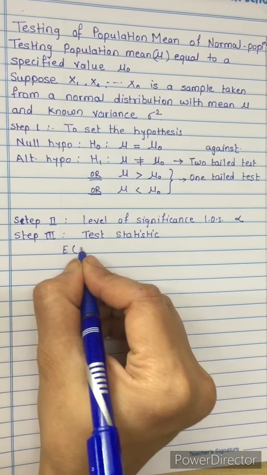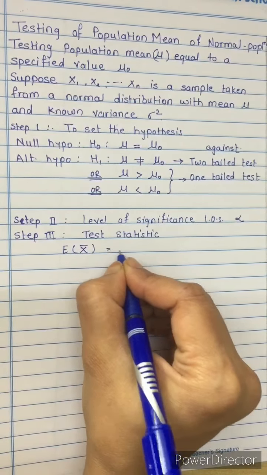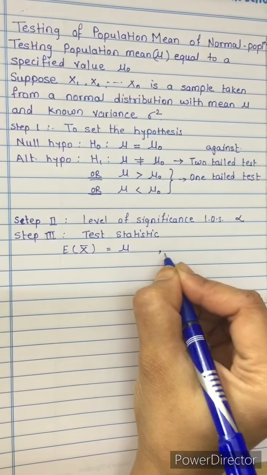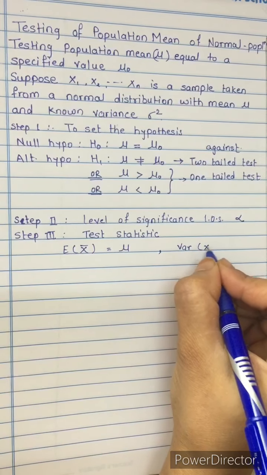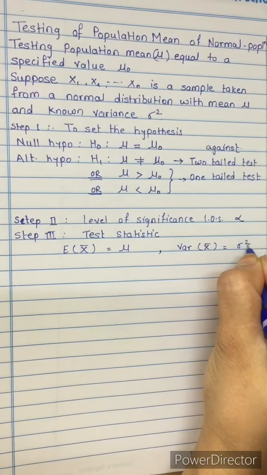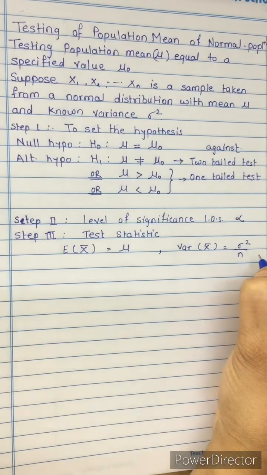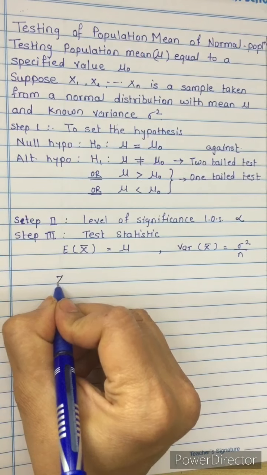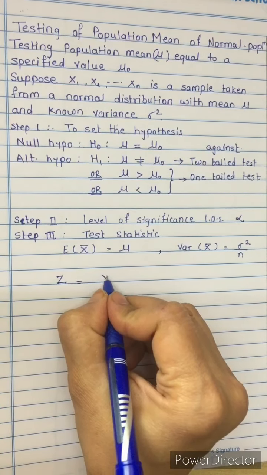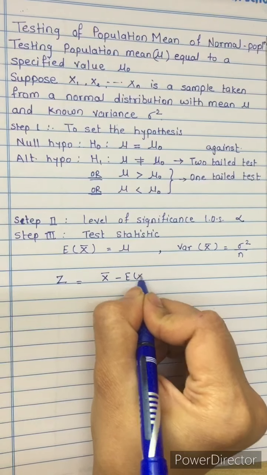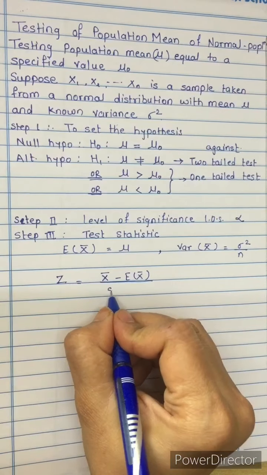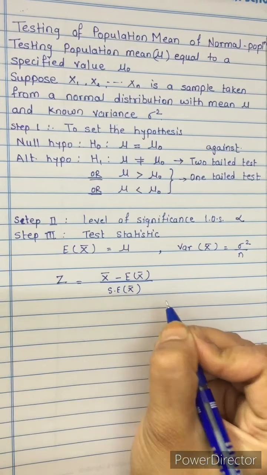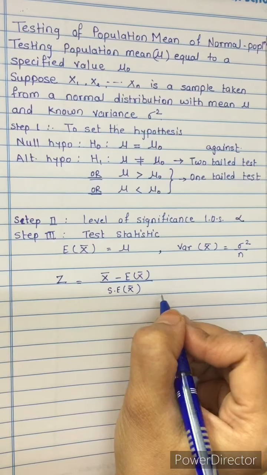So here expectation of x bar is mu and variance of x bar is sigma square by n. So in general, the test statistic is z equal to x bar minus its mean divided by its standard error. Standard error. Okay. And this follows what?